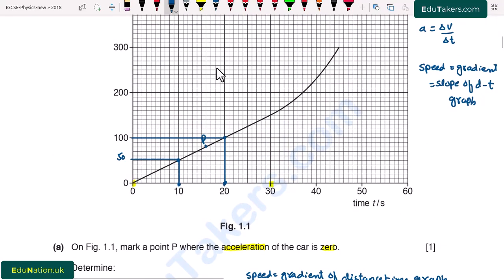So there are 2 points, that is 20 and 100, and this point is 10 and 50.